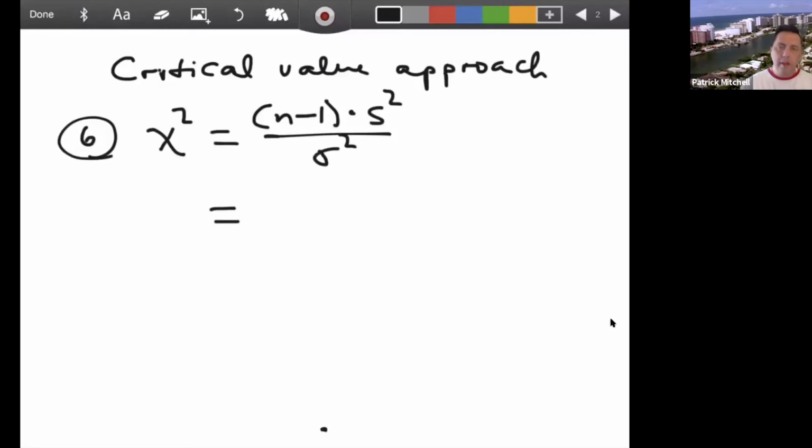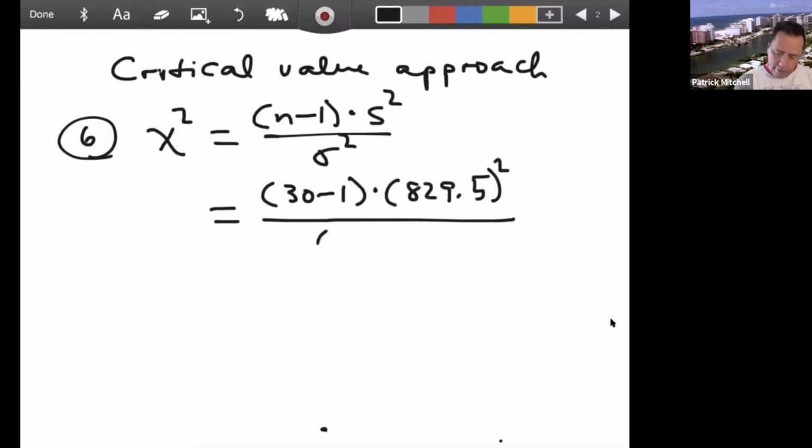Remember, the sample size is 30. The sample standard deviation for the girls' weights is 829.5. And the hypothesized population standard deviation is 660.2.